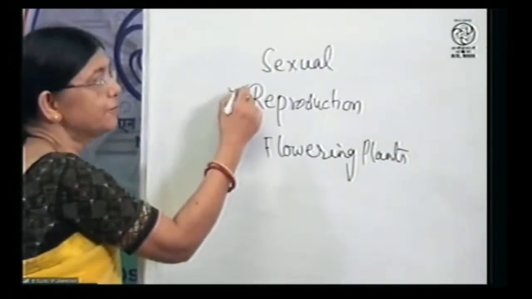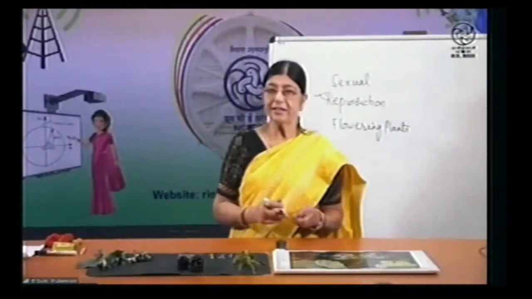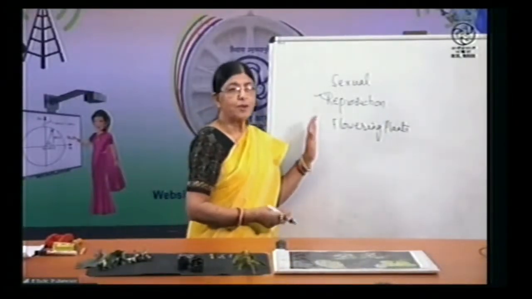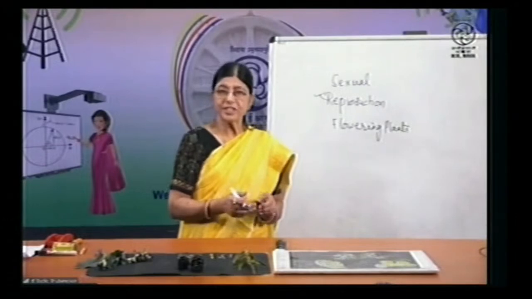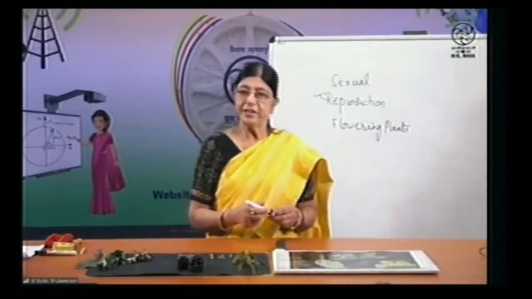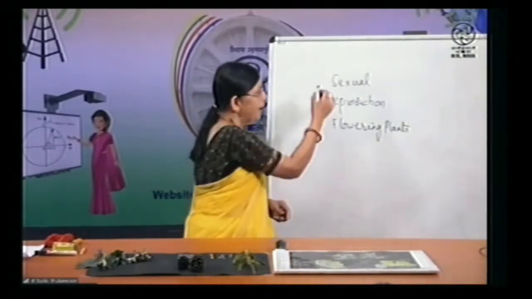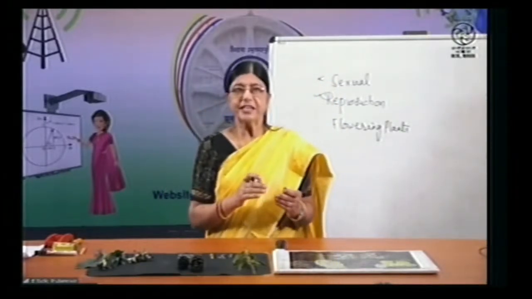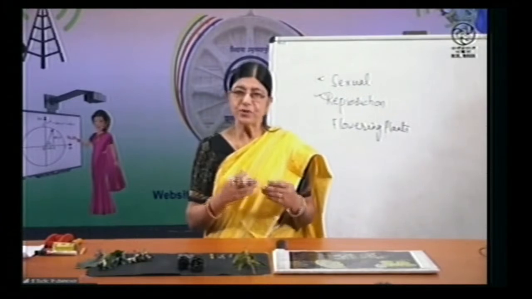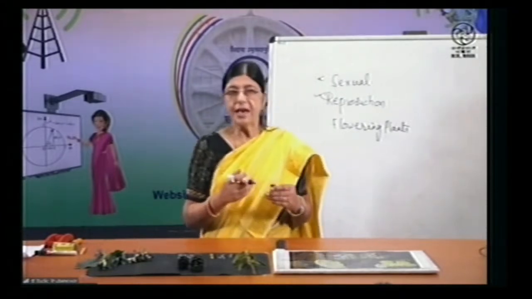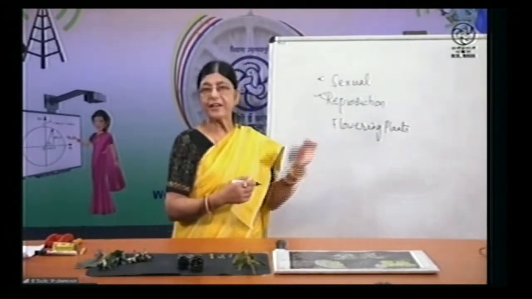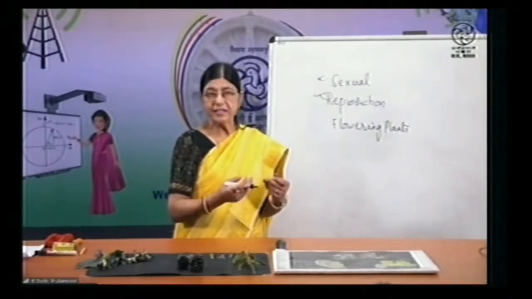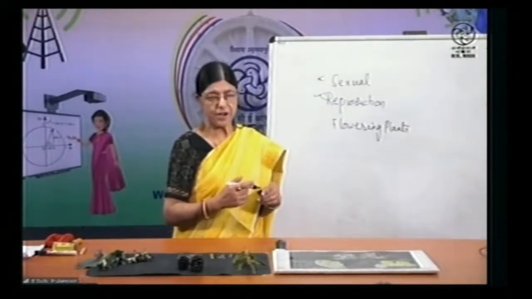Reproduction is one of the most important characteristics of living organisms. There are different types of reproduction, and sexual reproduction is regarded as the most advanced type. This also provides variety to the organisms and increases their chances of survival.